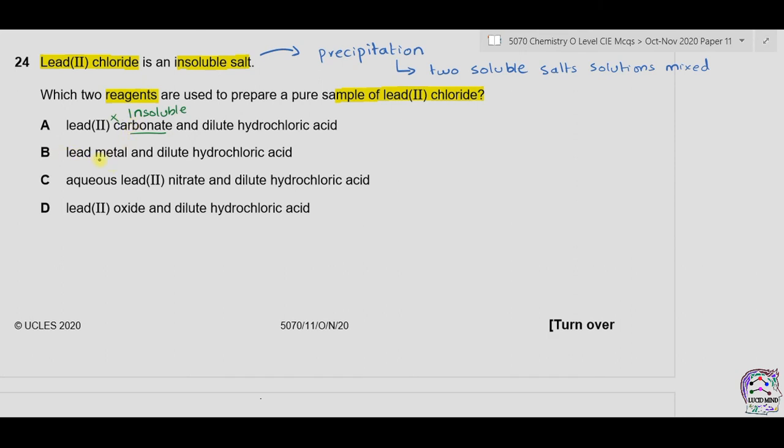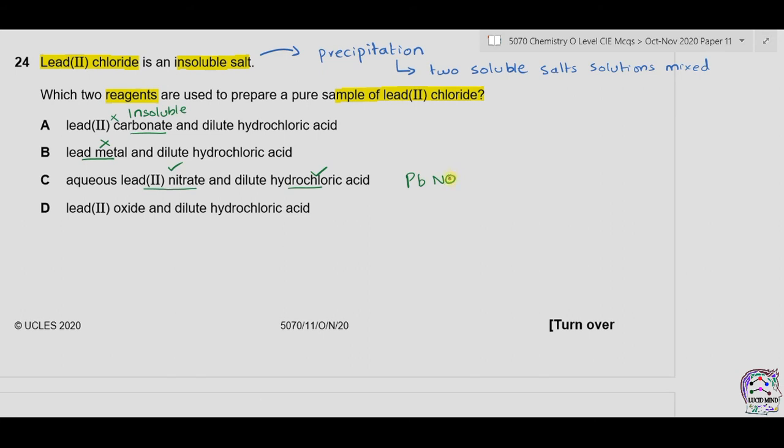In B, we have lead metal and dilute hydrochloric acid. Again, lead metal is an insoluble metal, so B is also incorrect. In C, we have aqueous lead 2 nitrate. As we know that all nitrates are soluble, this is a soluble solution. Second is dilute hydrochloric acid, which is also soluble.